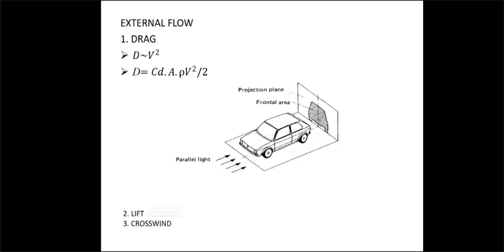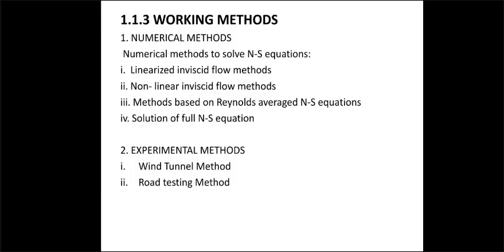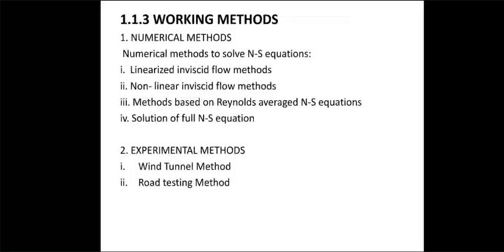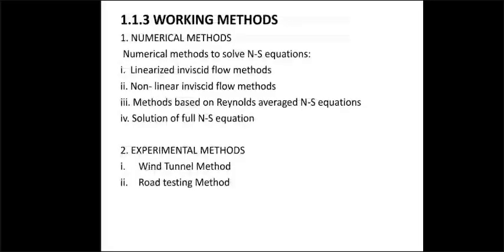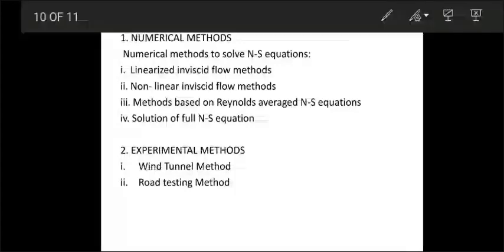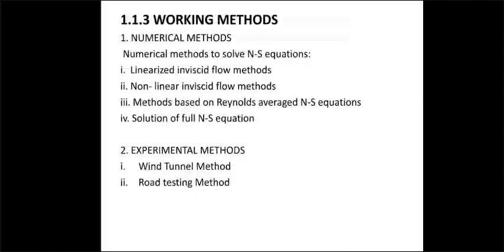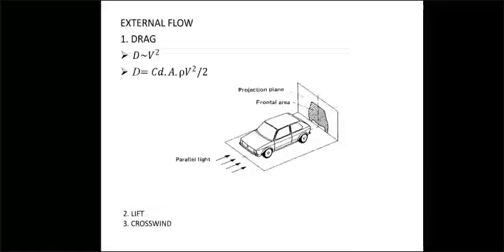Now let's come to CD, the non-dimensional drag coefficient. A is the projected frontal area of the vehicle and rho is the density of the surrounding air. The drag D of the vehicle is determined by its frontal area.